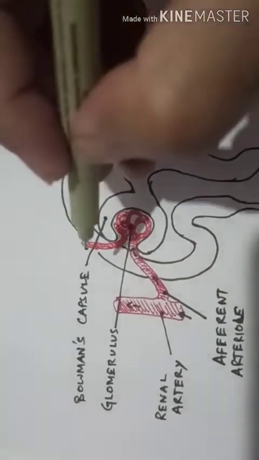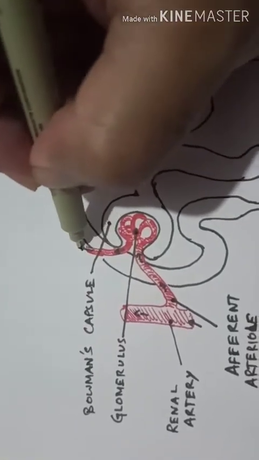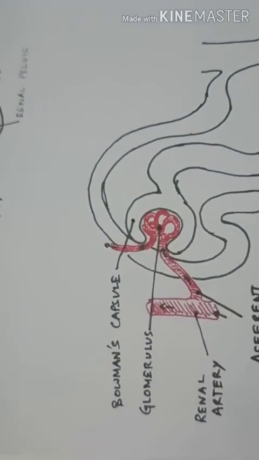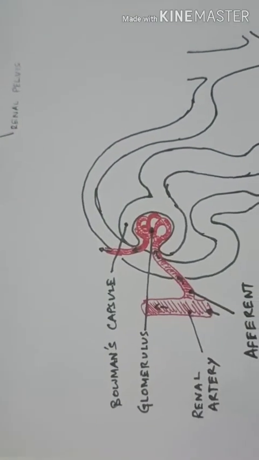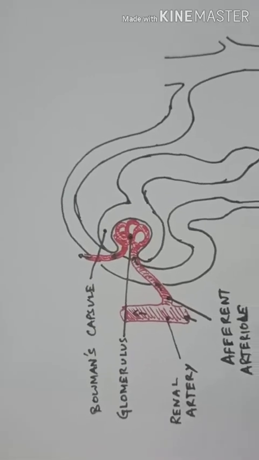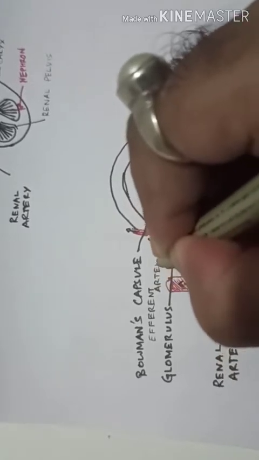After this Bowman's capsule, we will see that the blood is actually moving out and going away through this particular section, and this section is known as the efferent arteriole.